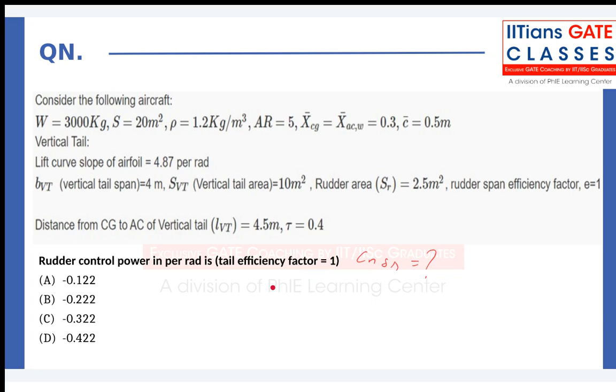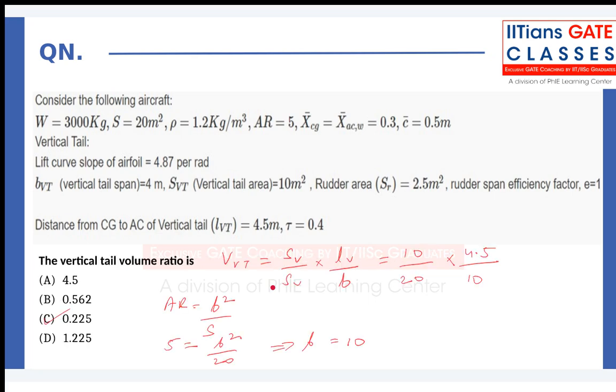It is similar to why we took B. So that is the formula for vertical tail volume ratio. So the wetted surface area will change for the vertical tail and the horizontal tail. When you derive the equations, why did we start with C bar?